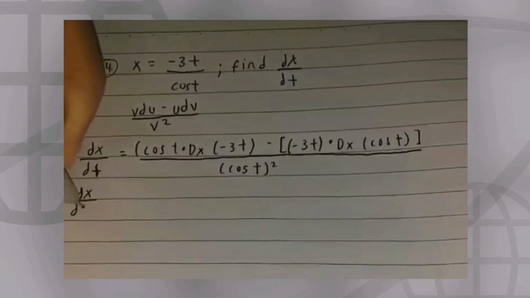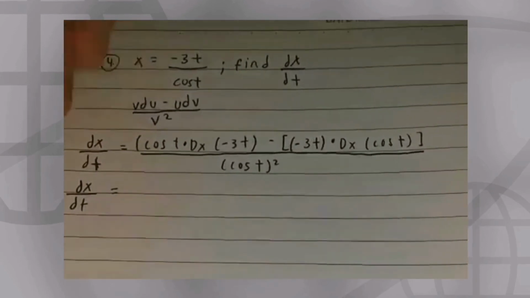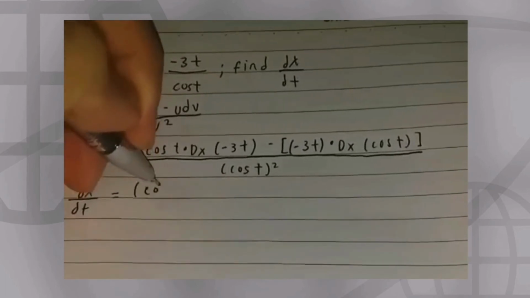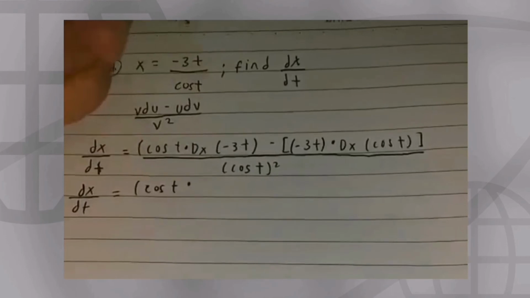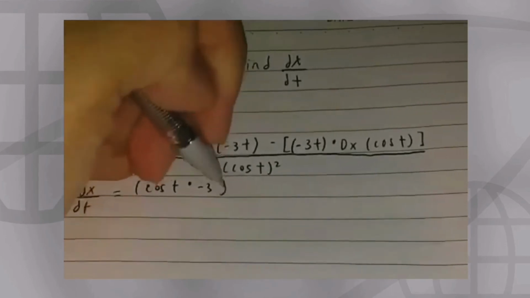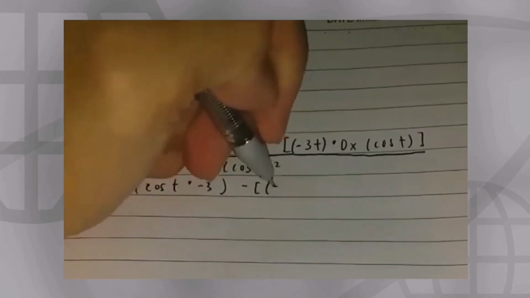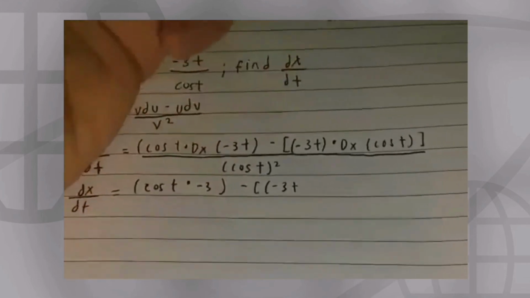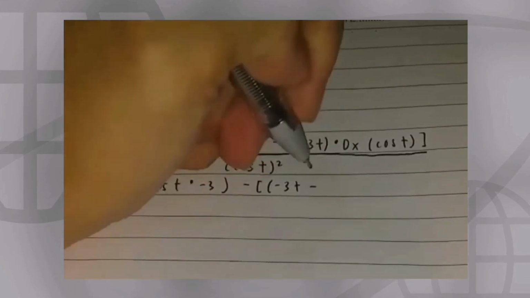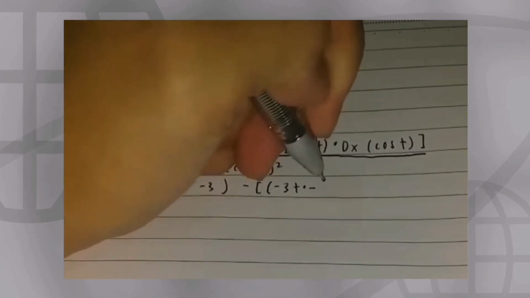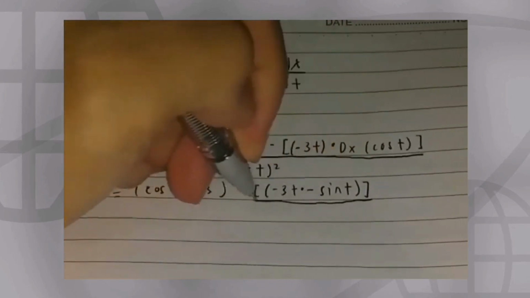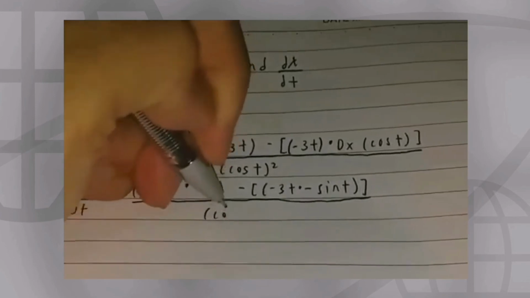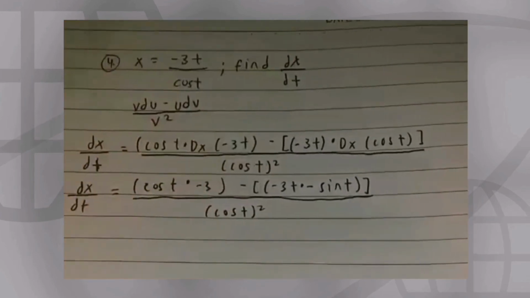So now we will solve the equation. dx over dt is equal to cos t times the derivative of negative 3t, which is negative 3, minus negative 3t times the derivative of cos t, which is negative sin t, over cos t squared.